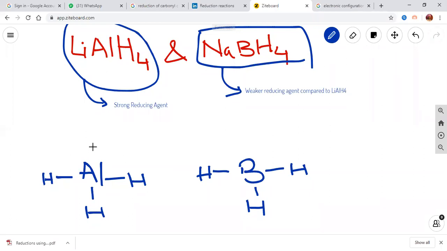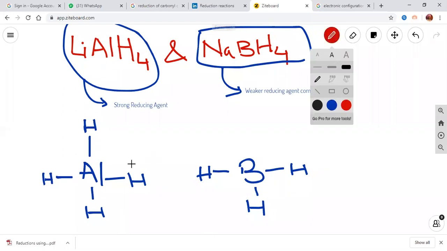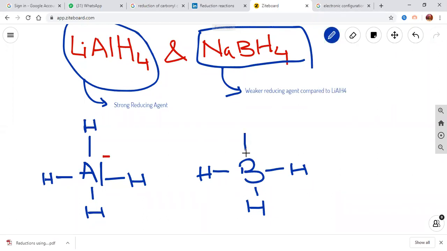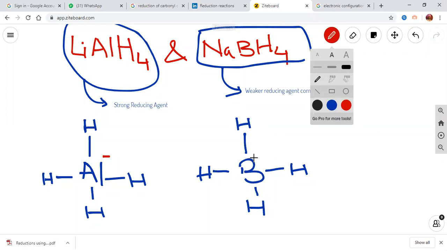Now aluminum forms three bonds and boron also forms three bonds, but one extra hydrogen is bonded to aluminum and it gets a negative charge. Similarly, here also this boron is bonded to one extra hydrogen atom and the boron gets a negative charge.